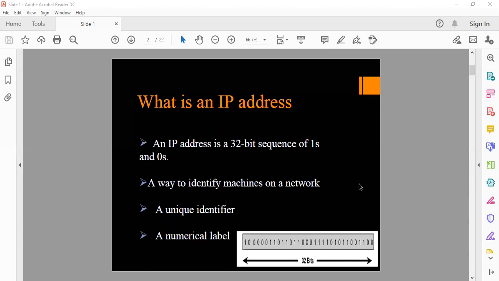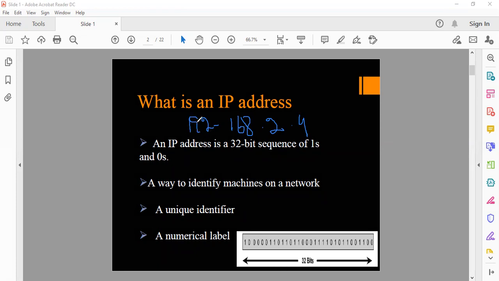Through these IP addresses, we can identify a specific network. Suppose some network has the IP address 192.168.2.4.